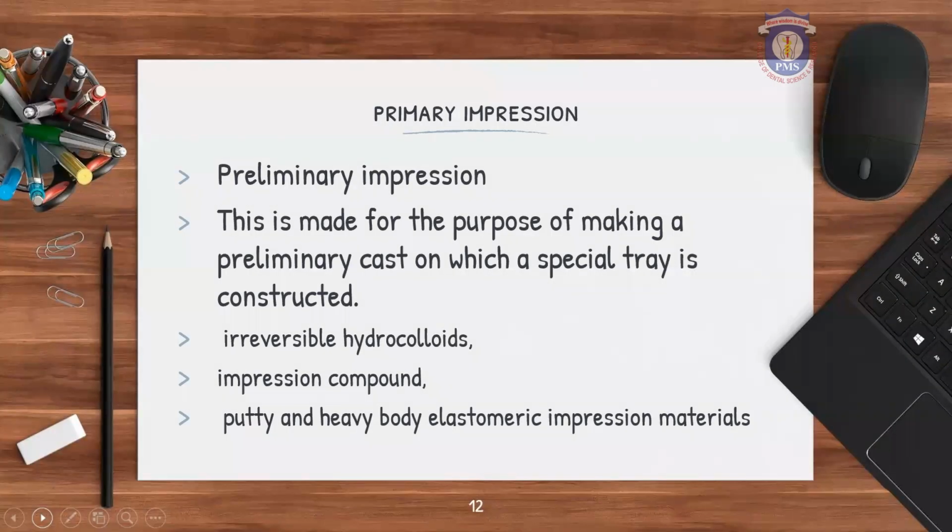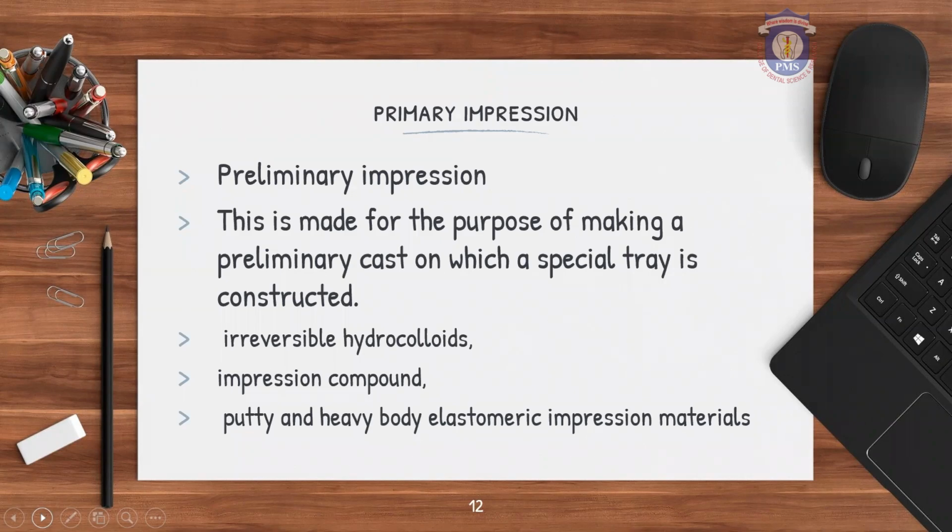Second one is primary impression, also known as preliminary impression. This is made for the purpose of making a preliminary cast on which a special tray is constructed. The materials used here are irreversible hydrocolloids, impression compound, putty, and heavy body elastomeric impression materials.